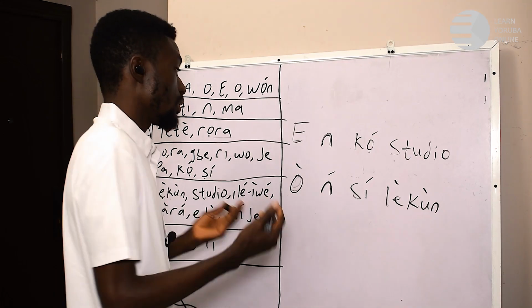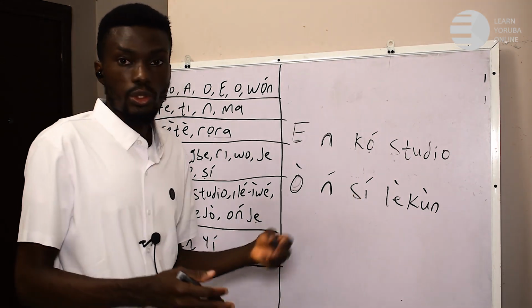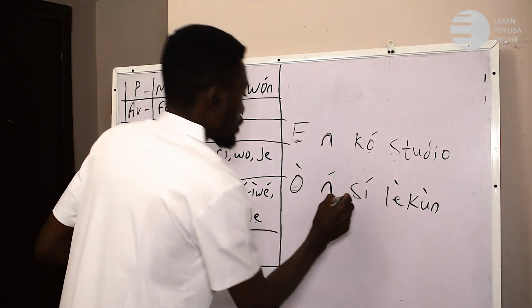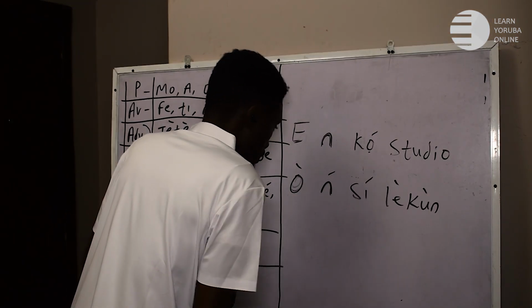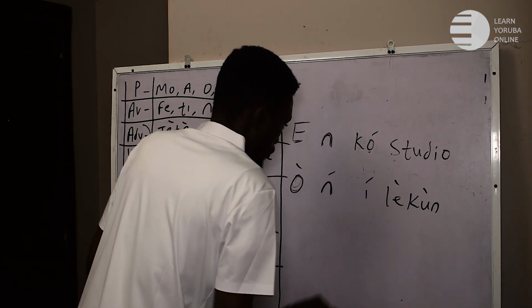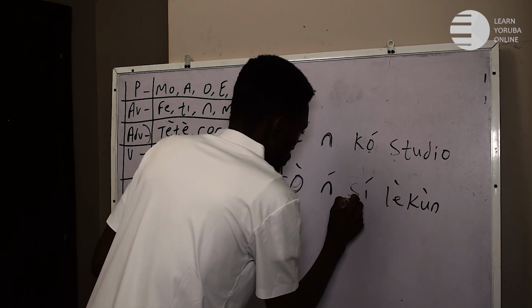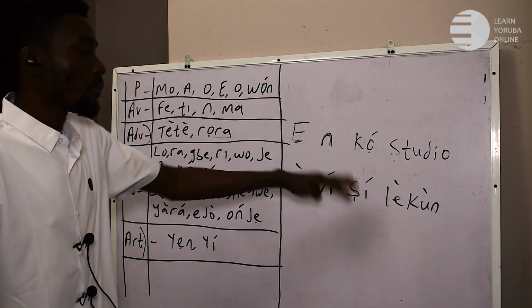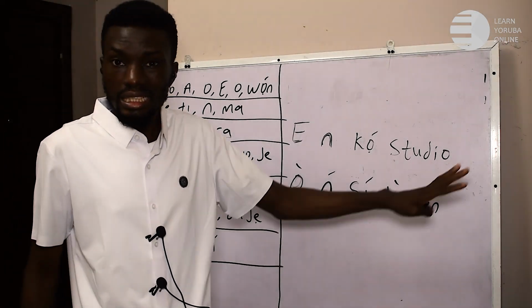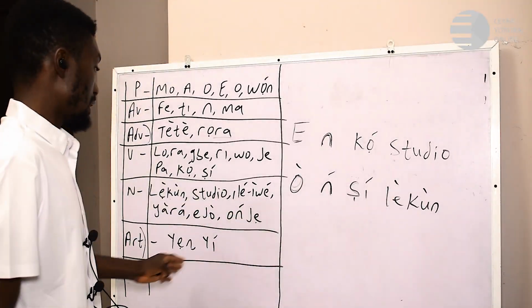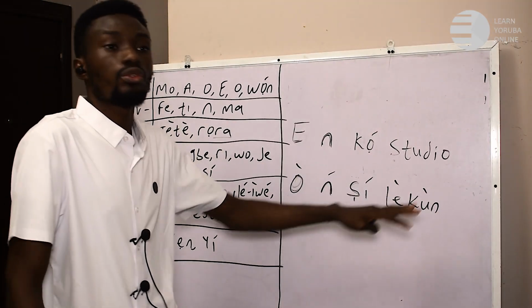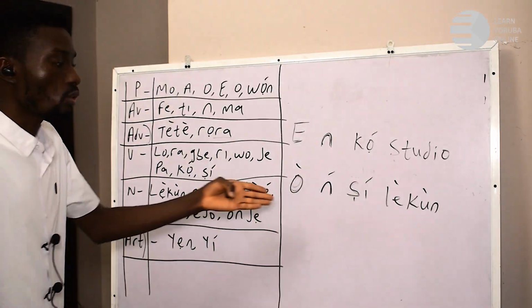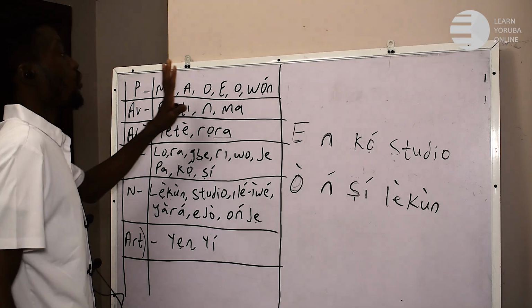So you may just say òun ṣílẹ̀kùn, you are opening the door, or you are opening a door. But you can say òun ṣílẹ̀kùn yẹn, you are opening that door. So it signifies ongoing.